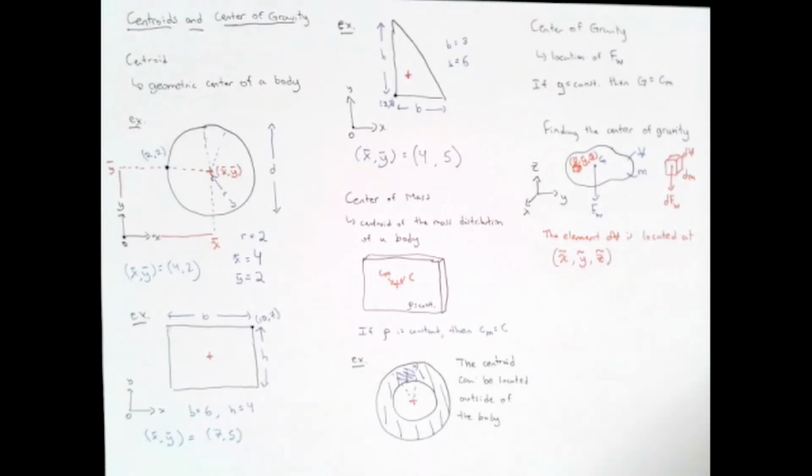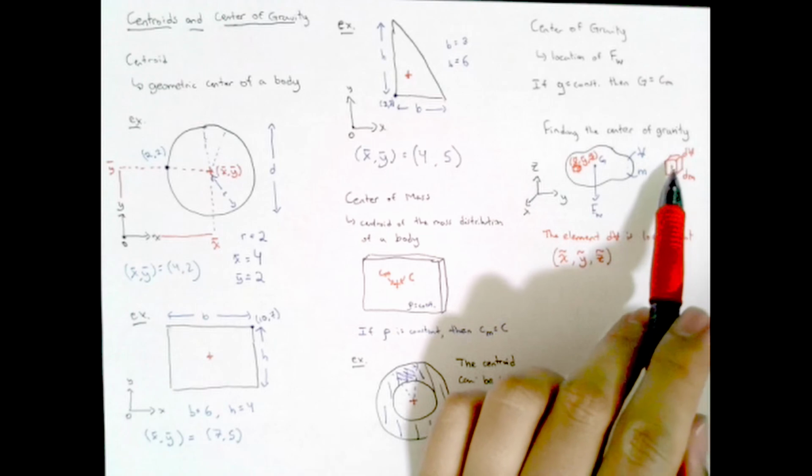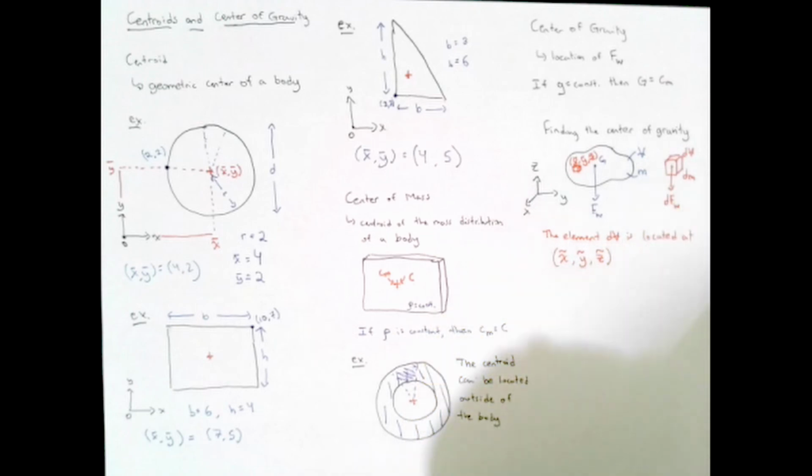We know that because it's so small, we can treat it as if it were a point. And if we can treat this element as if it were a point, then we know where the center of gravity of this element will be.